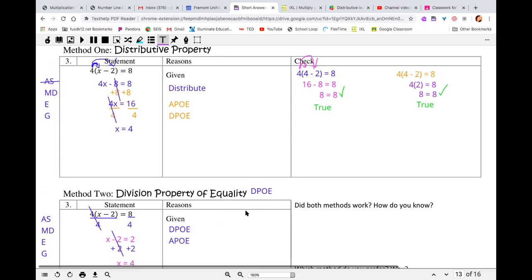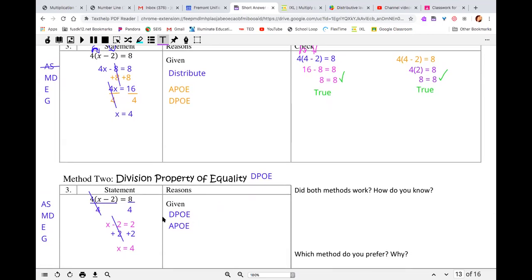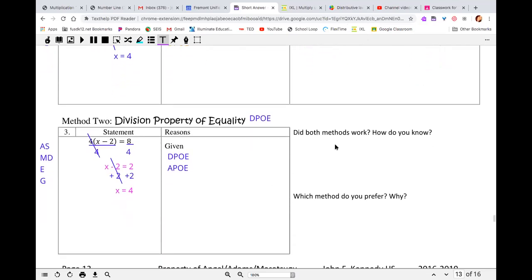So when we did that, it was less steps, correct? Yep. So this is kind of a shortcut. So you have the regular way and then you have the shortcut way. Does anyone like the shortcut way better?